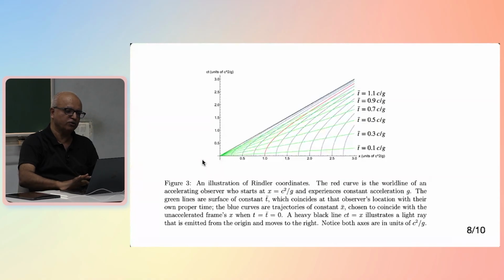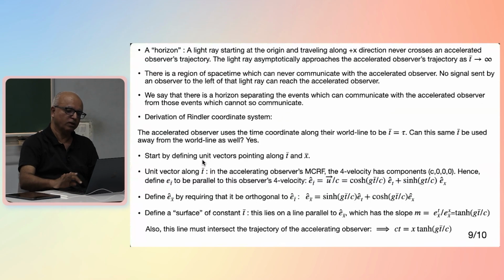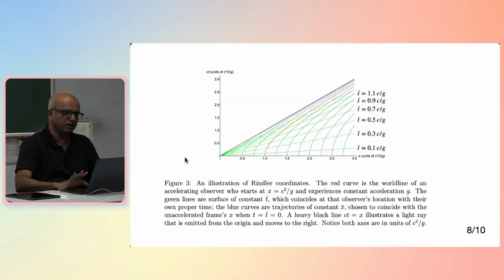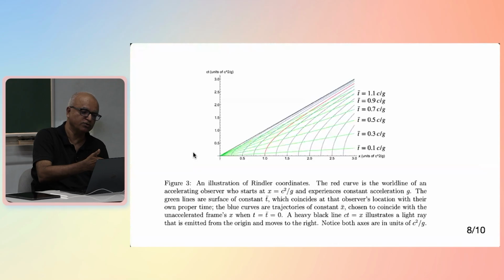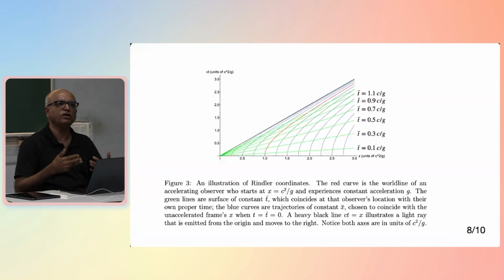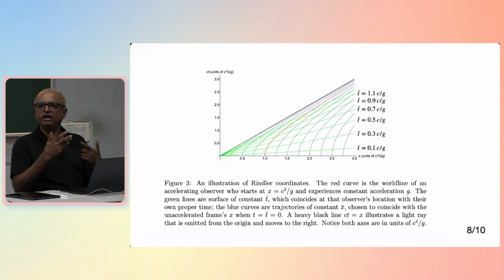If you start too much to the left, and you send a torch beam, a signal from where the arrow is at 45 degrees, it never reaches me. That is the meaning of the horizon. It's really deep. You're in flat space time, there's no gravity, but you have a region which you cannot access.